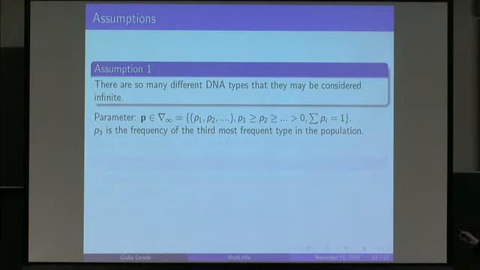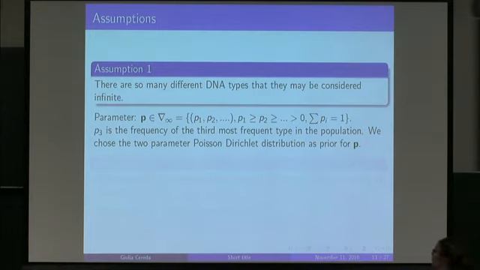So for instance, I decided to order it, and P3 is the frequency of the third most frequent type in nature. P1 is the frequency of the most frequent type in nature, and so on. And I choose the two-parameter Poisson-Dirichlet distribution, which I just showed you, that you obtain with the Chinese restaurant process, as prior for P.